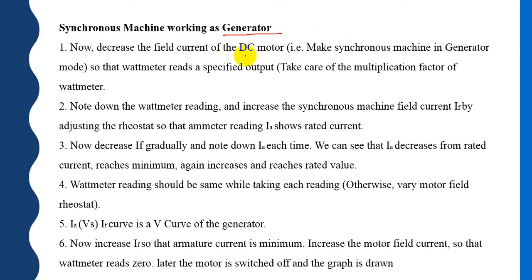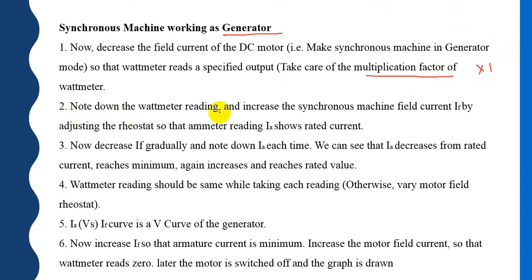When you are decreasing the field current of the DC motor, the synchronous machine is already in generator mode, and while reading the wattmeter, you should take care of the multiplication factor. Not only the wattmeter, but also the ammeter or voltmeter may have a multiplying factor. Say for example, depending on the terminal you connected, check whether the multiplying factor is 1 or 2. Do not forget to apply that multiplying factor.